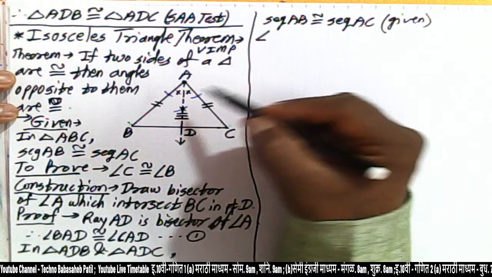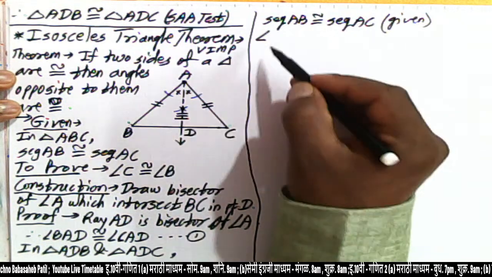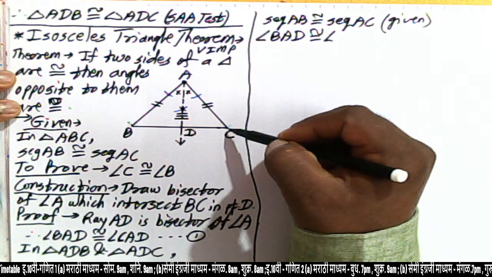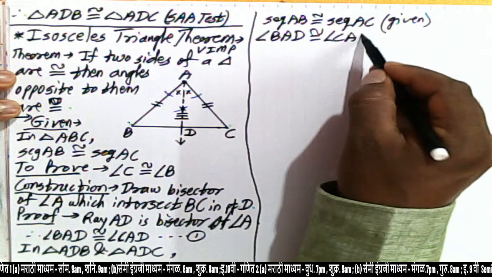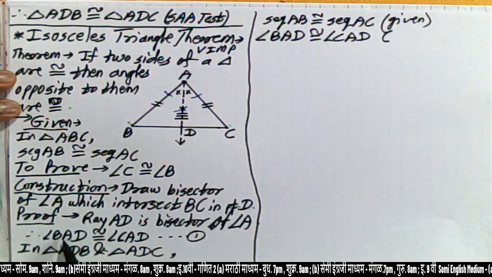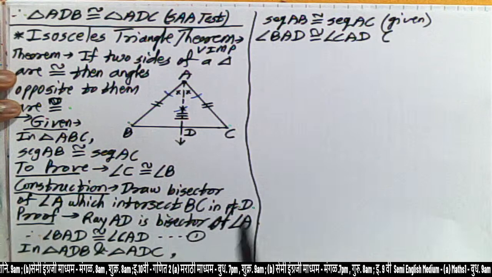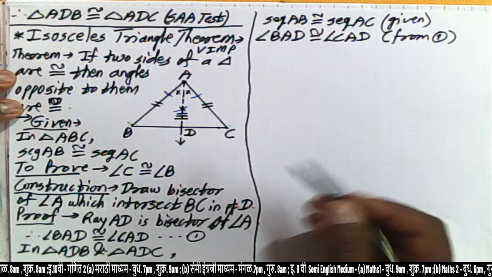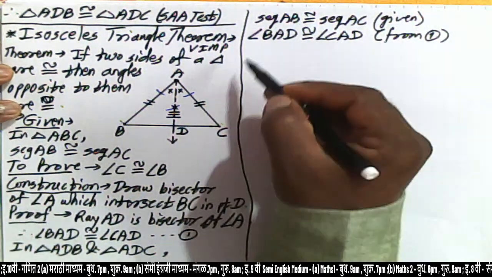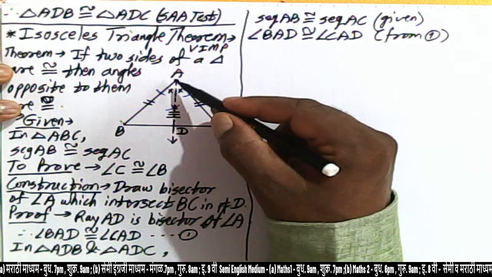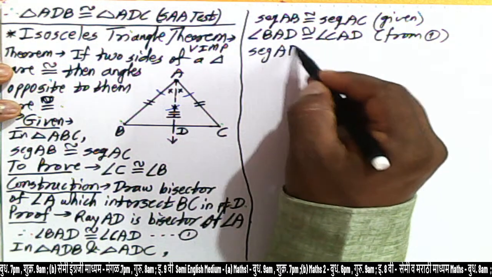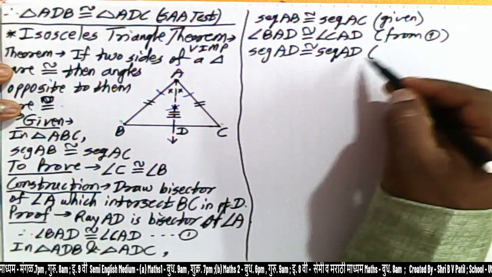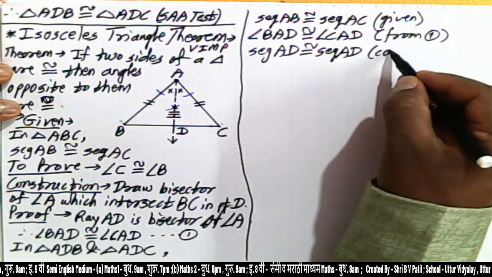Then angle BAD congruent angle CAD, and the reason is BAD and CAD congruent from 1. And the third condition is segment AD congruent segment AD, and the reason is that it is the common side.